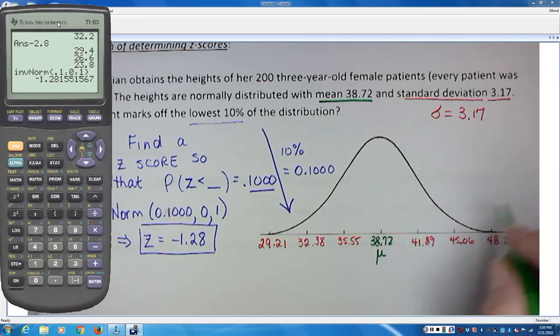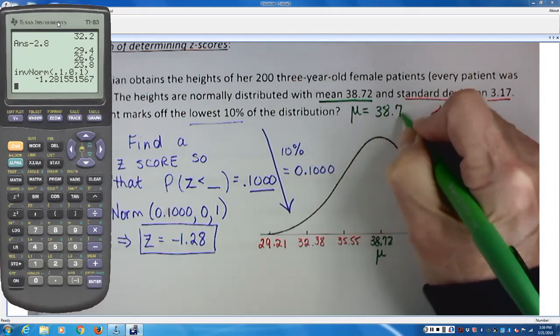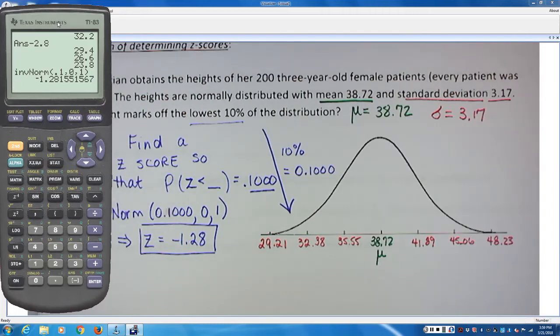So here we've got a mean, 38.72. We've got a standard deviation, we've got a z-score, and now we can calculate the actual height, which is an x.